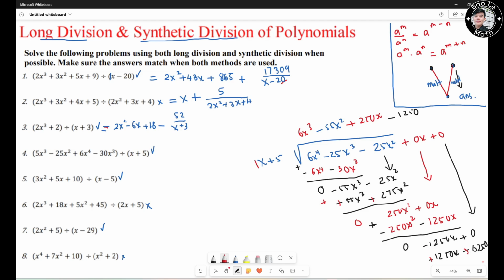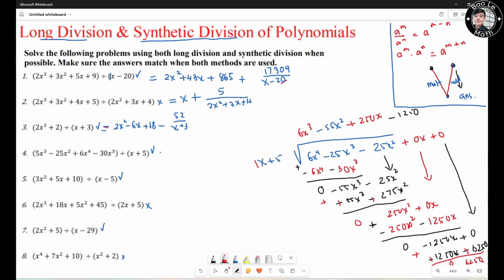This is a plus sign, this is a plus sign, and add them up. This guy equals 0. This guy equals 6250. Now, since the degree of 6250 is less than the degree of this one, we cannot do any further division. So we stop right here, and 6250 is the remainder.